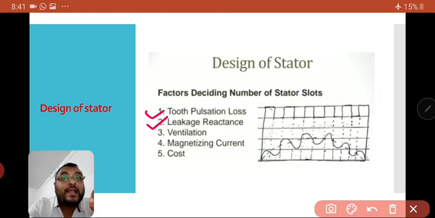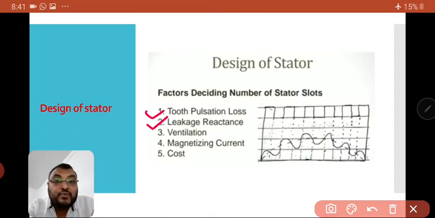With small values of leakage reactance, the diameter of the circle diagram is large and hence the overload capacity increases. Thus, with a larger number of slots the machine has a higher overload capacity. Understand what I want to say: with a large number of slots the machine has a higher overload capacity.